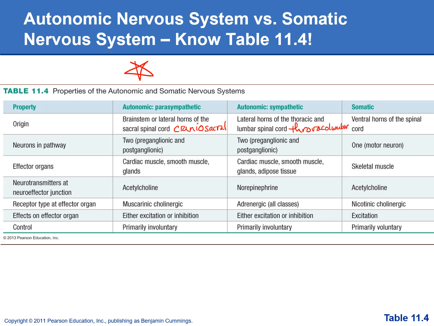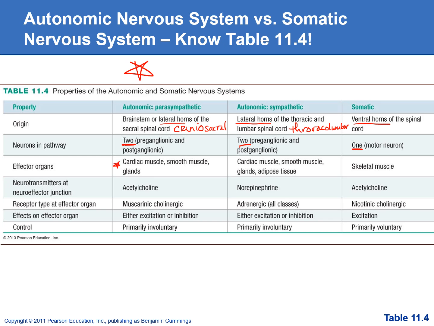And the somatic nervous system, remember that lower motor neuron is coming from the ventral horn of the spinal cord, whereas the autonomic preganglionic neuron is coming from the lateral horn. And then another big difference, we've got two neurons going from the central nervous system out to the target organ in the autonomic nervous system, and we only have one in the somatic nervous system.